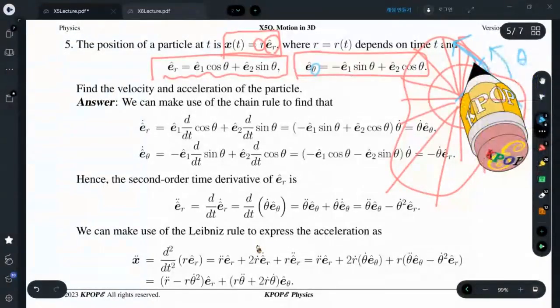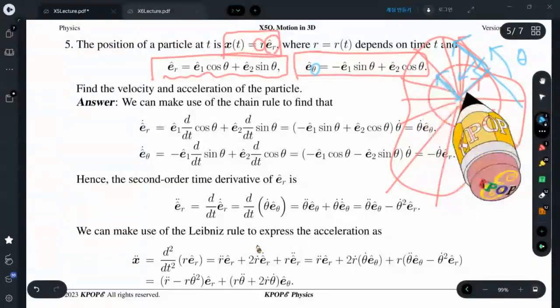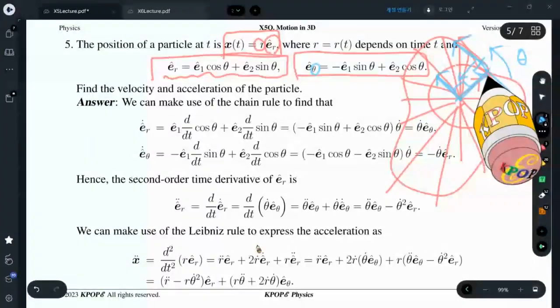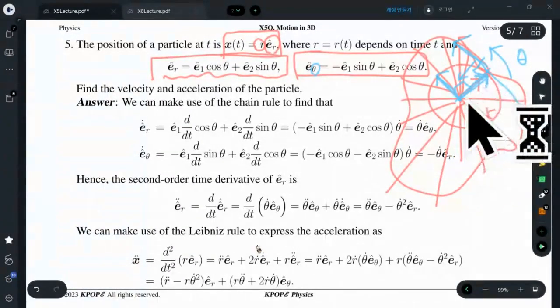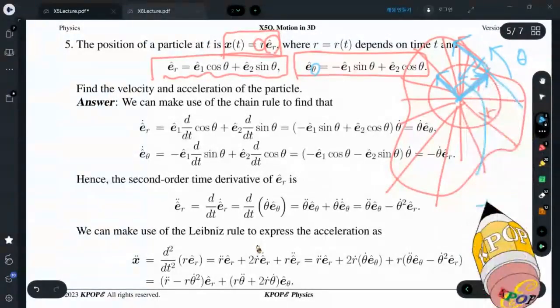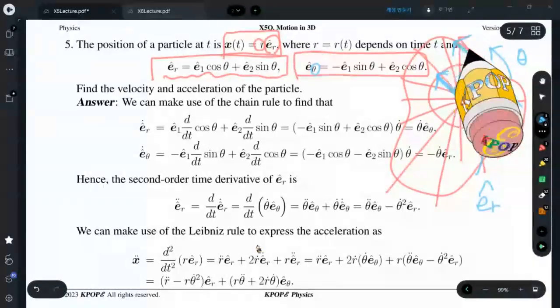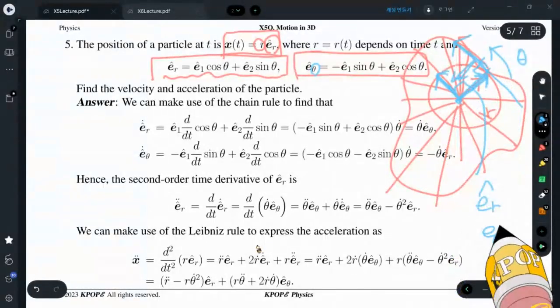Simply we can translate it to make another radius that is making a right angle with respect to the original radius vector. So this is the original radius vector that is proportional to e_r hat, and this is the tangent vector shifted to the center. So we call it e_theta.